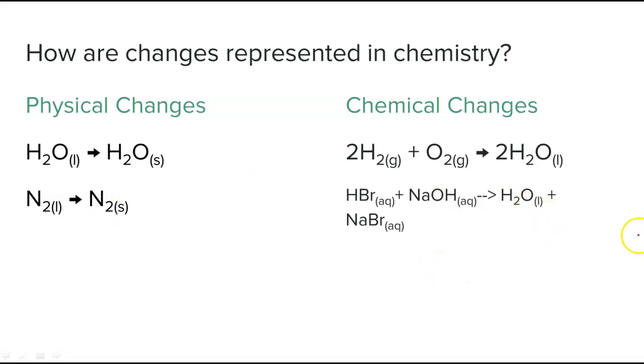Now, in a chemical change, you'll notice for my first equation, which is this one right here, H2 plus O2, and then you have on the other side of the arrow 2H2O. We're using the same letters, but they're rearranged differently. And when we see something rearranged differently on the other side of the arrow, we say that that is a new substance.